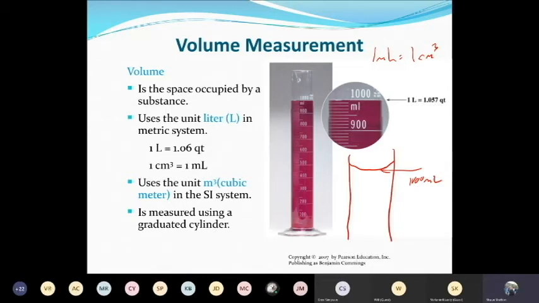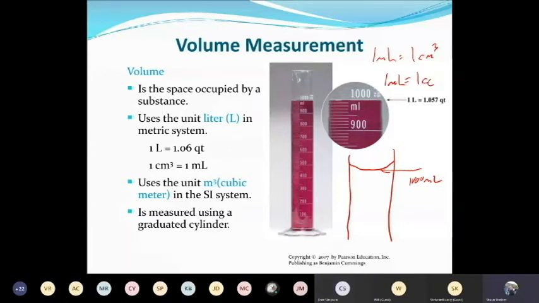Now, do any of y'all work in a hospital? Yes, I do. All right. Have you ever seen a nurse use the 2 letters CC? They'll say, "Go get me 1,000 cc's of this." Yes, absolutely. So that is the same thing as a milliliter.